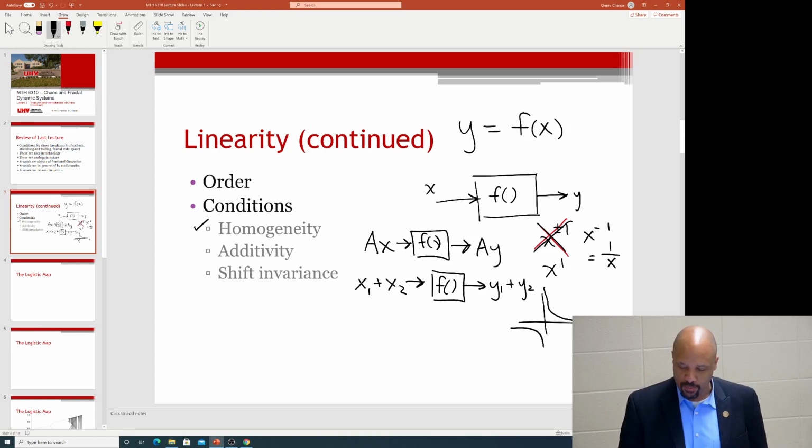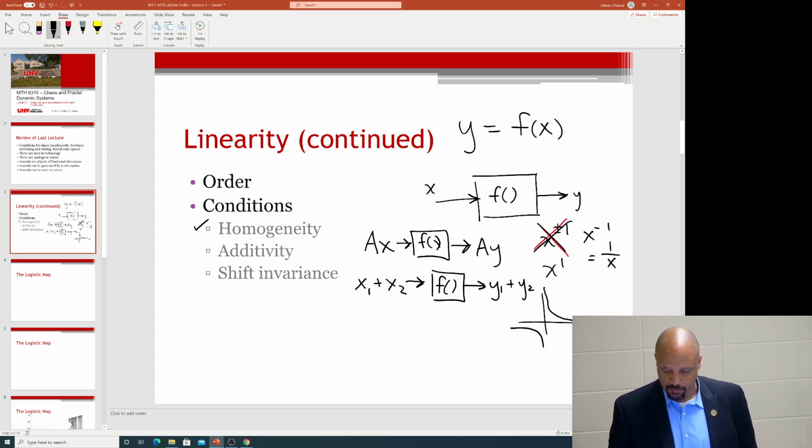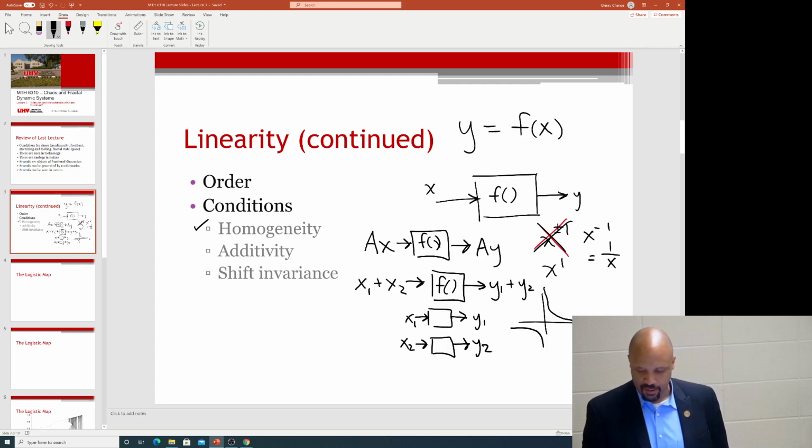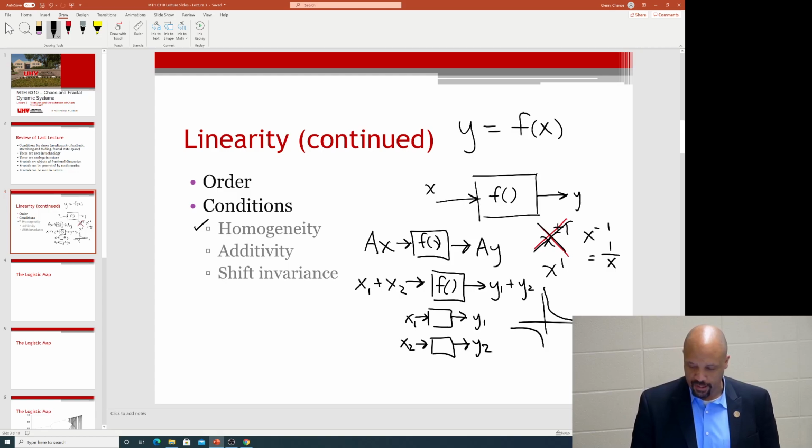That is assuming that when you have x1, your output is y1, and so same thing for x2, giving you y2. Then if you add them together, you should get y1 plus y2 on the output right here.